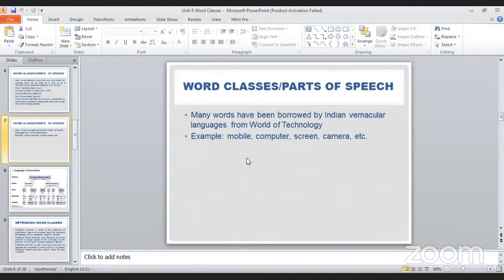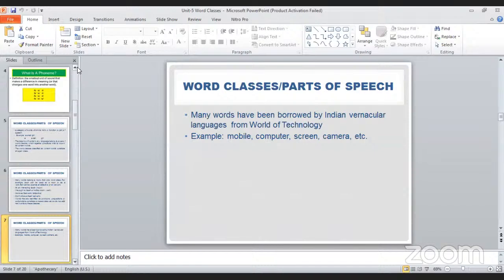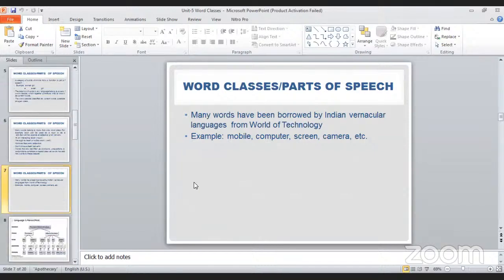Many words have been borrowed by Indian vernacular languages from the world of technology. He says there are many words which have been borrowed from the English language, and now we are using them in our mother tongue too.